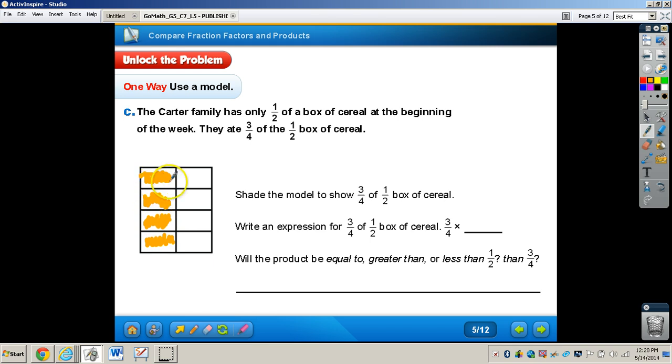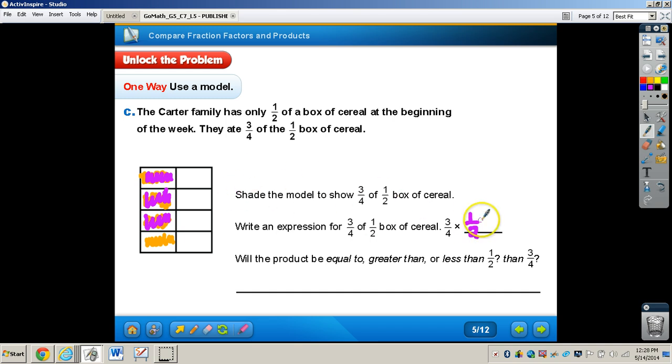Okay, and the reason for that is 3/4 of this 1/2. So I can color in 3/4 of that 1/2. Okay, so an expression for this would be 3/4 times 1/2.